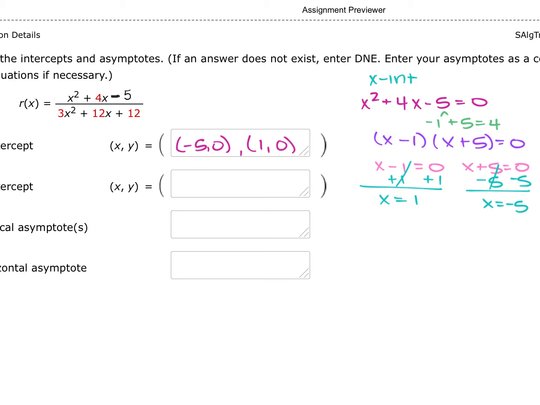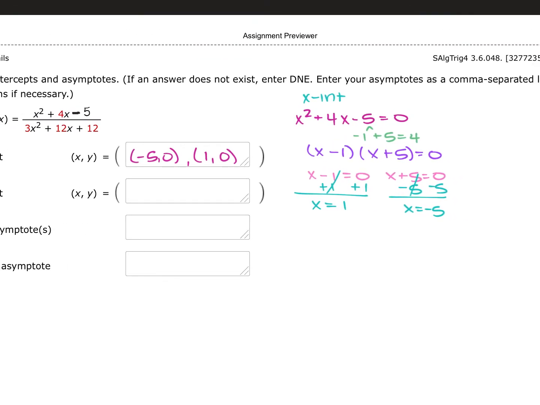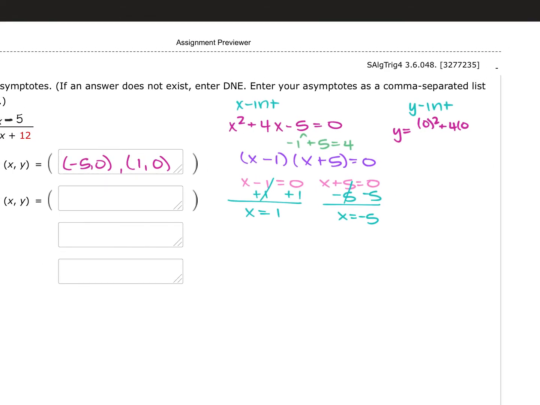For your y-intercept, you're going to take the entire expression, set it equal to y, and then plug in zeros anywhere you see an x. So it's going to give you y is equal to 0 squared plus 4 times 0 minus 5 all over 3 times 0 squared plus 12 times 0 plus 12.